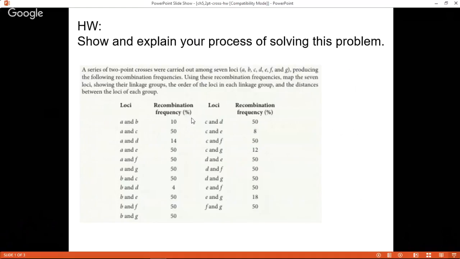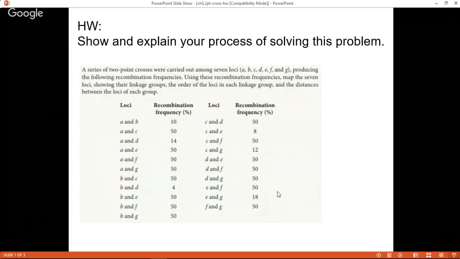So A and C will not be together. A and F will not be on the same linkage. A and G will not be in the same linkage. B and E will not be in the same linkage. B and F will not be in the same linkage. B and G will not be in the same linkage. So that leaves us with A and B, A and D, B and D.